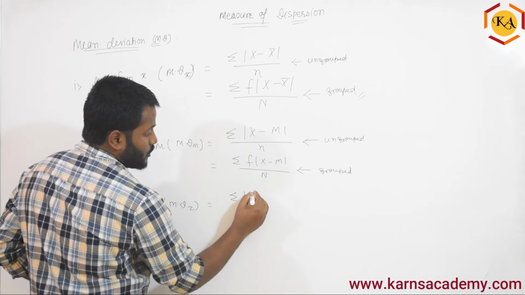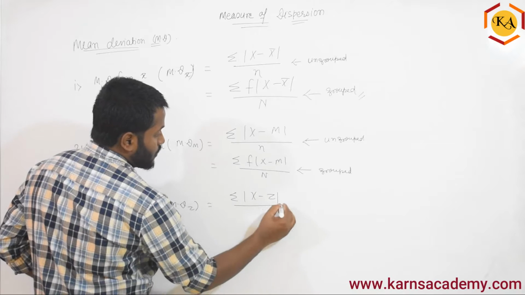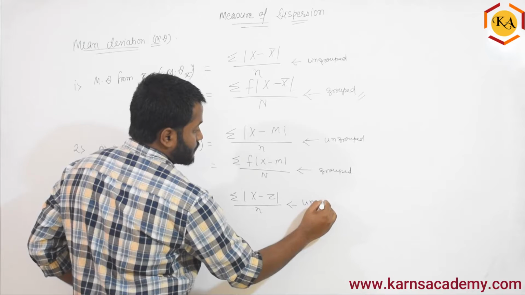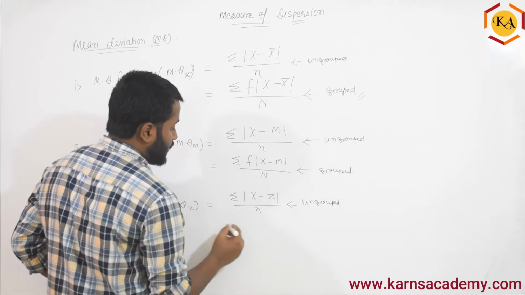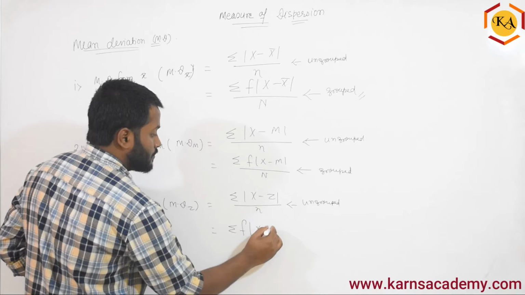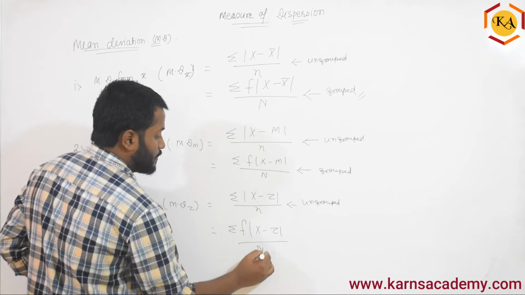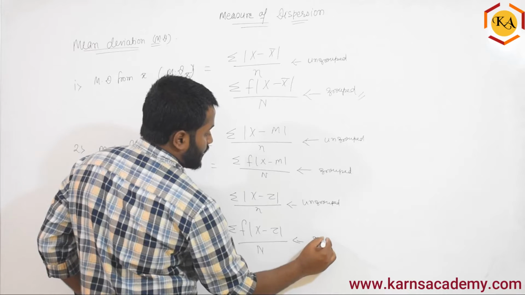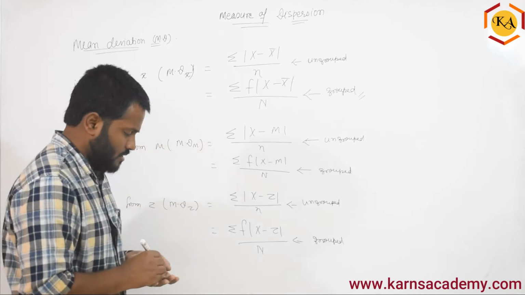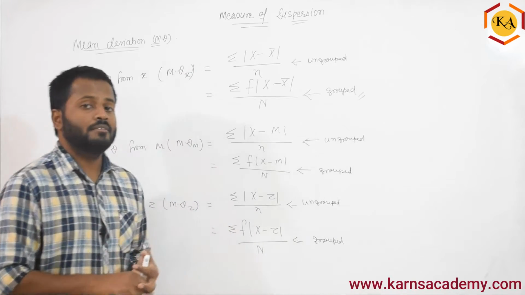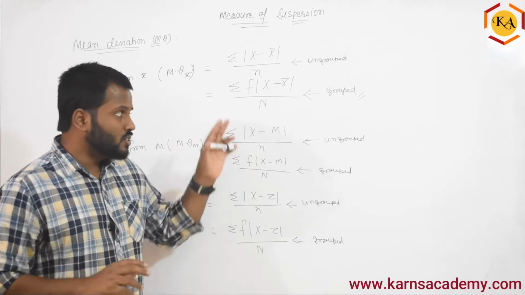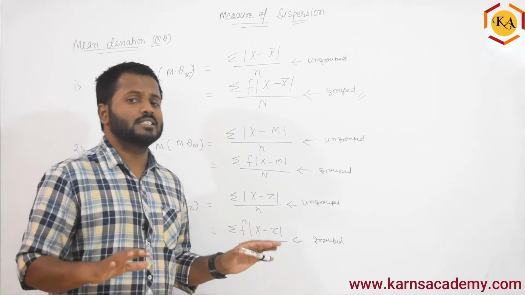In place of median you will just replace mode, divided by n for ungrouped data, and for grouped data we'll have summation f of modulus x minus mode by capital N. Okay, so this is how the formula works for mean deviation. If you understand one formula, for all the others it is just changing of mean, median and mode, everything else remains the same.